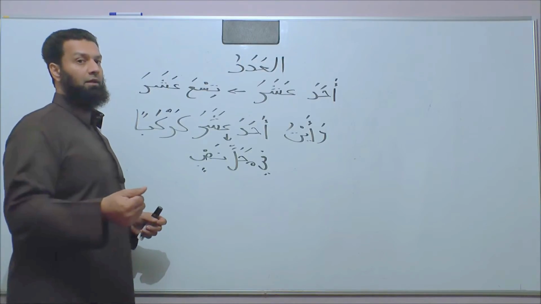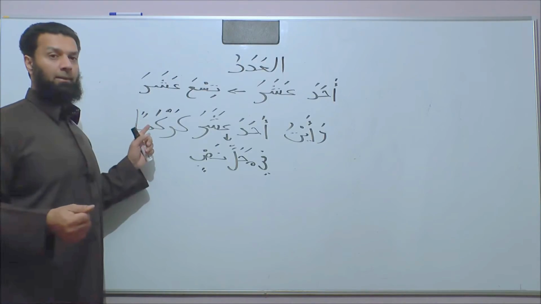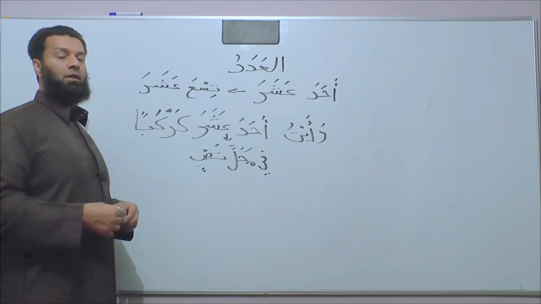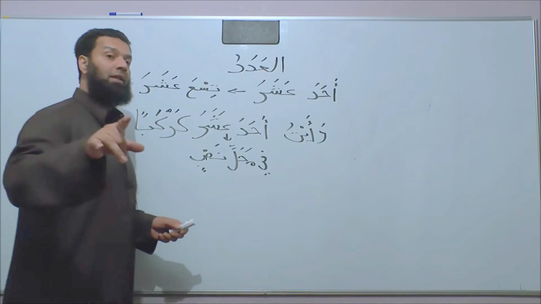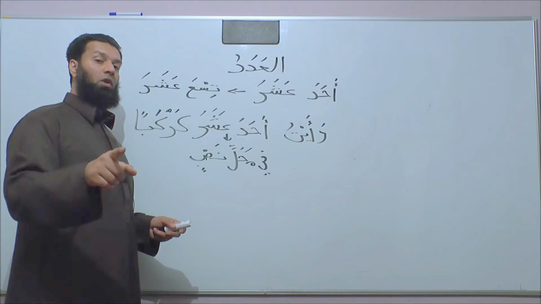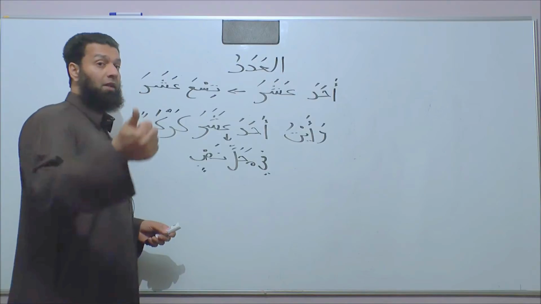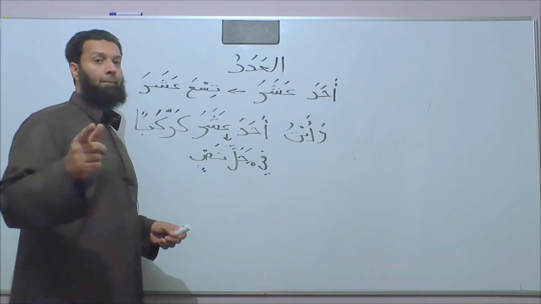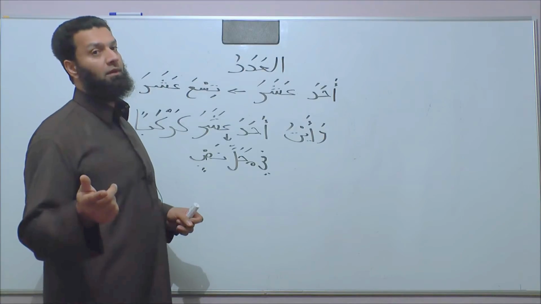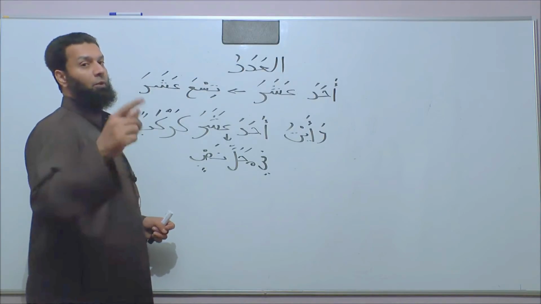Singular, and mansubun here, no matter how many you're describing. No, remember, because we said that the counted ismun is always a singular after the 10. After 10. Before 10, it's plural, from 3 to 10.